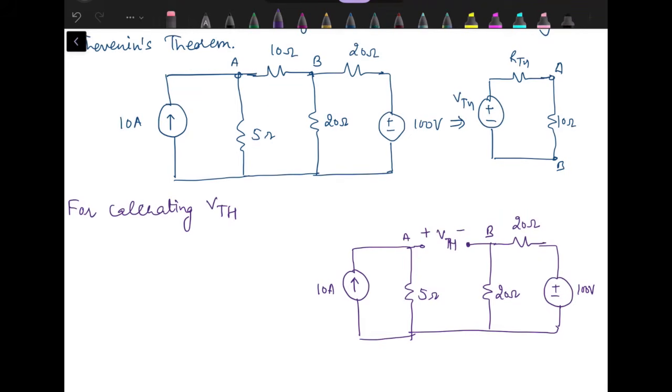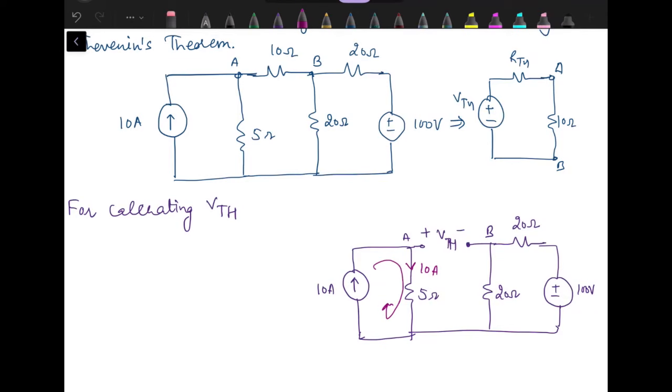Now, how to find out VTH? That can be found if we know what is the current through this 5 ohm resistance and what is the current through 20 ohm resistance. In this circuit, this 10 ampere will flow through this 5 ohm resistance only. So current through 5 ohm resistance is 10 ampere flowing in downward direction.